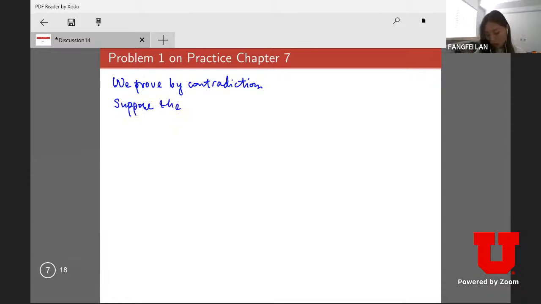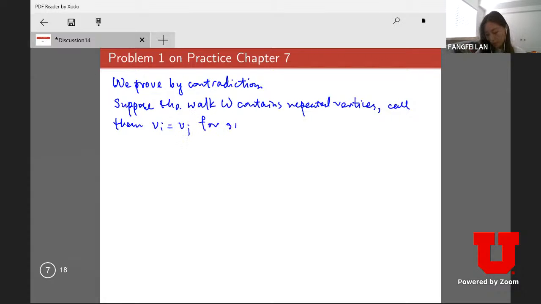So suppose the walk W contains repeated vertices, and let's call them Vi and Vj. So they're the same. Let Vi equal Vj for some i less than j.